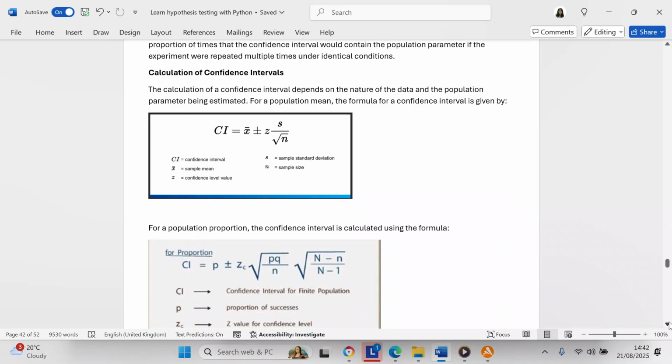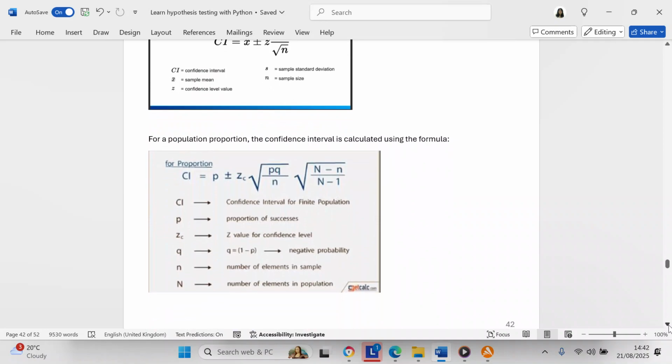For a population mean, the formula for a confidence interval is given by: CI, your confidence interval, equals x-bar, that's your sample mean, plus or minus Z, that's your confidence level value, times s, the sample standard deviation, divided by the square root of n, which is the sample size.